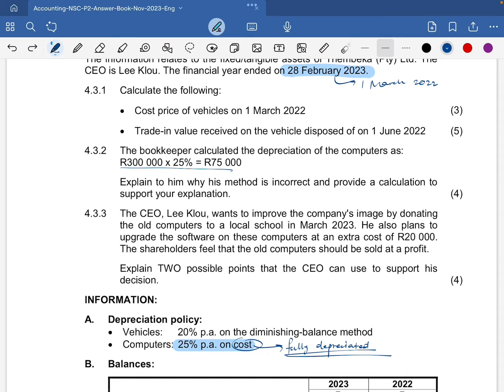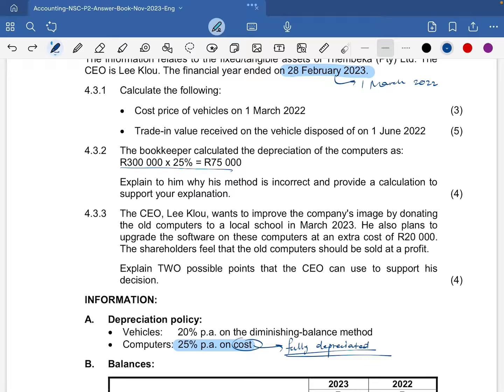So here we're looking at the donation of these old computers. As you might have known, in accounting, we are also encouraged to learn about the corporate social responsibility, and also the ethics, and also about the tax consequences of donations.